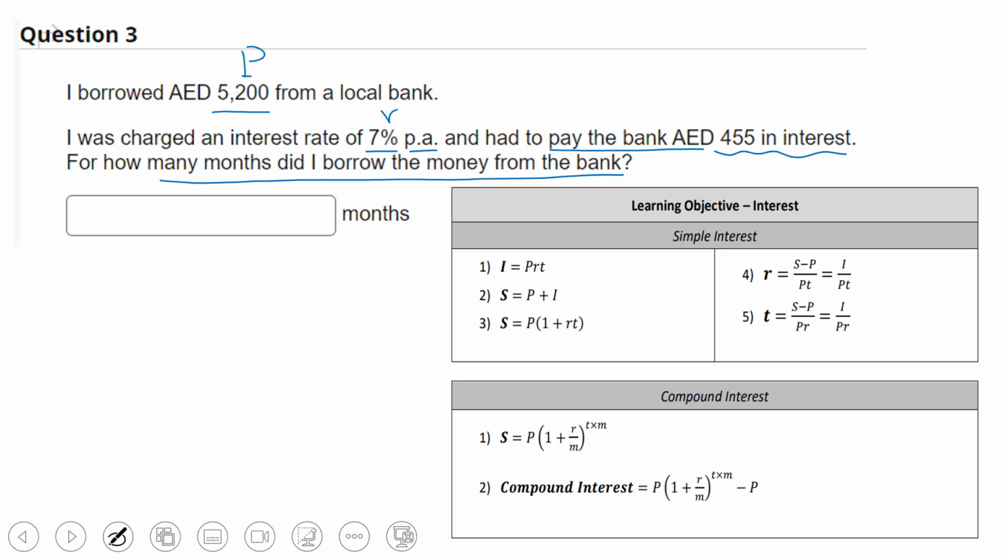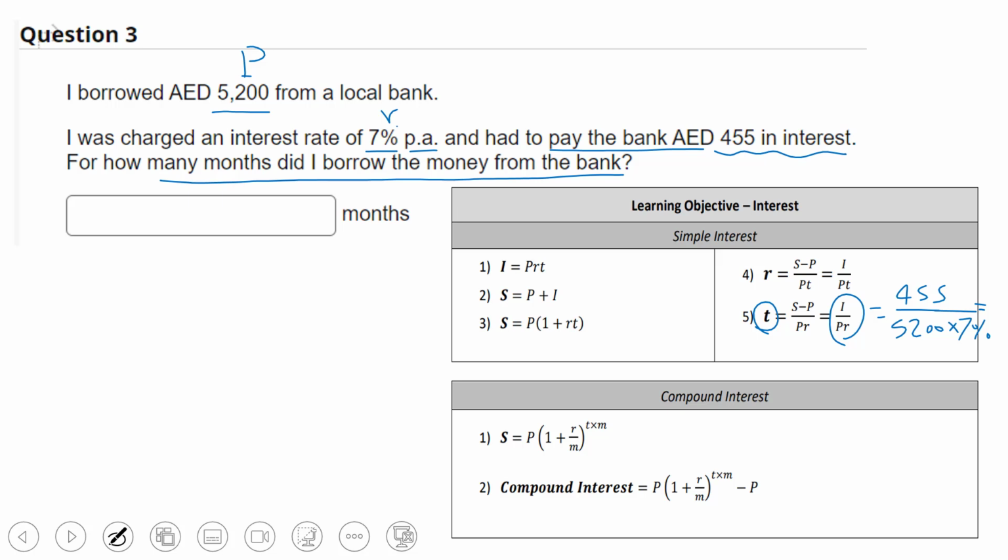Now let's go, we are looking for T. Here it is. T equals I over PR. He gave me I as 45 dirham over P, the principal amount, 5,200 times R. Where is R? Yeah, here it is, 7%.